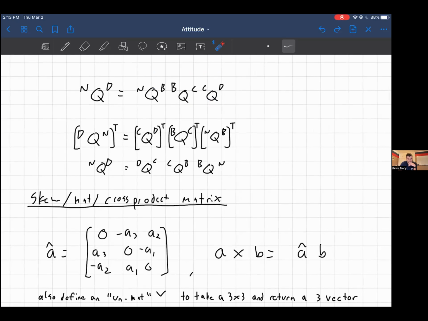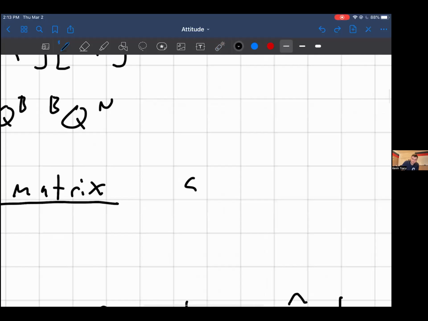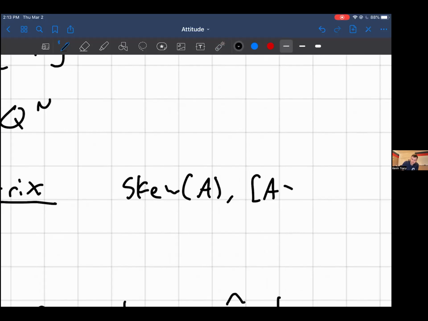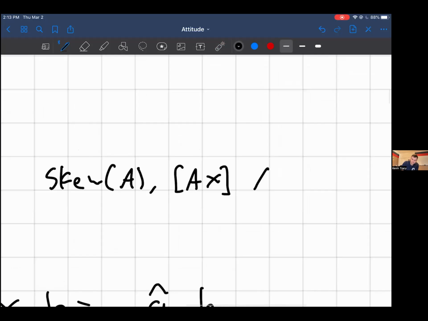So now this next matrix is defined differently by a lot of different people. I'll write down all the different notations you'll see. You'll see people write it skew, you'll see AX like that. You'll even see AX or AX.